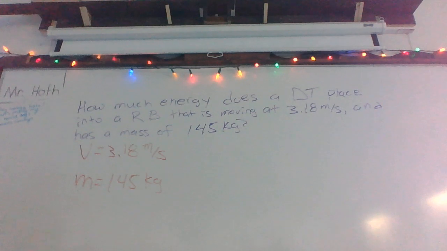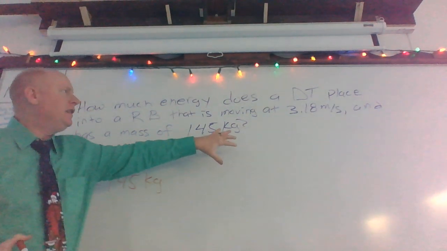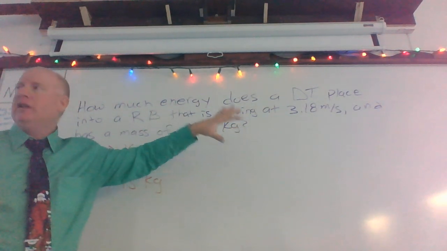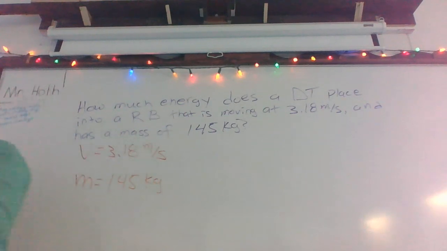And how would we know that this is kinetic energy instead of potential? Well, for one, we haven't learned potential yet. But when we talk about kinetic, it has velocity in there. So if it has velocity, that object is doing what? It's actually moving.